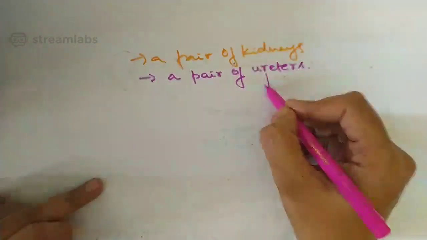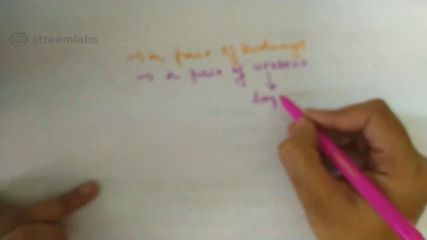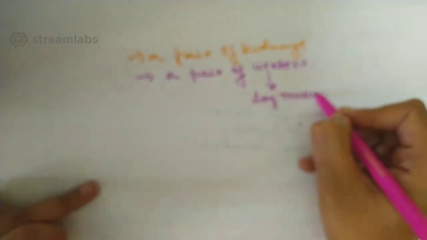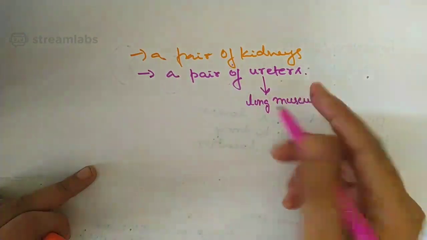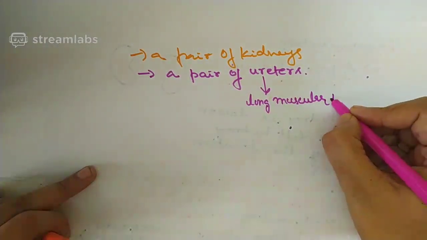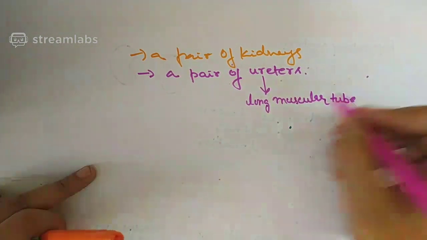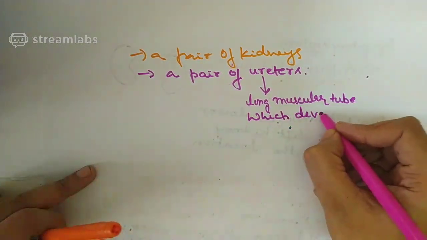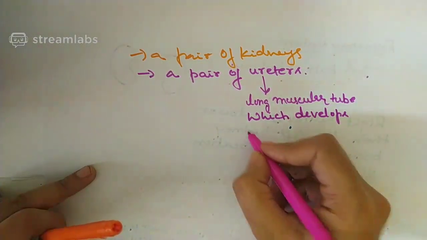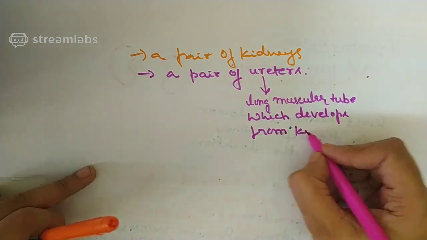It is a long muscular tube which develops from the kidney.